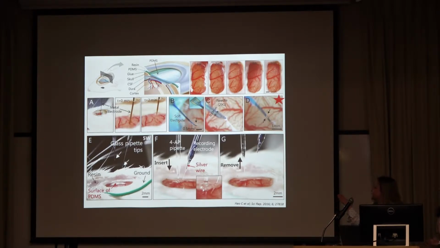The advantage is that you can insert glass electrodes for injection or recording. The disadvantage is that you can only do this so many times, because every time you are damaging the tissue. It's also reported that there is some air exchange through the PDMS, so you can see bubbles under the PDMS, and your imaging quality gets worse at some point.